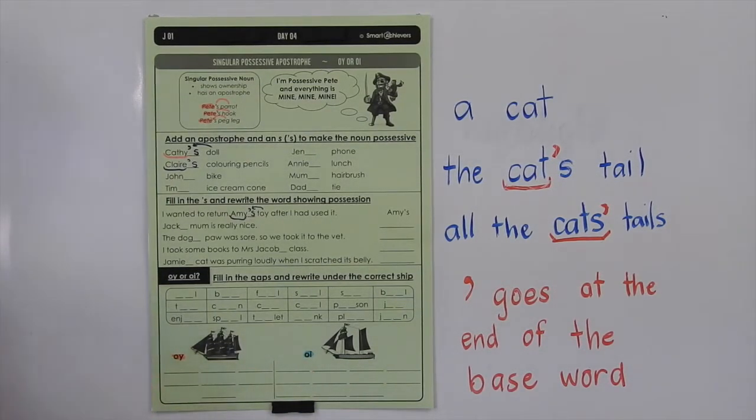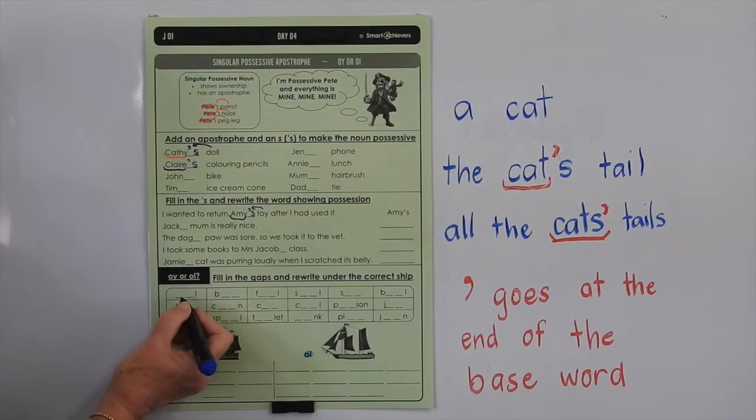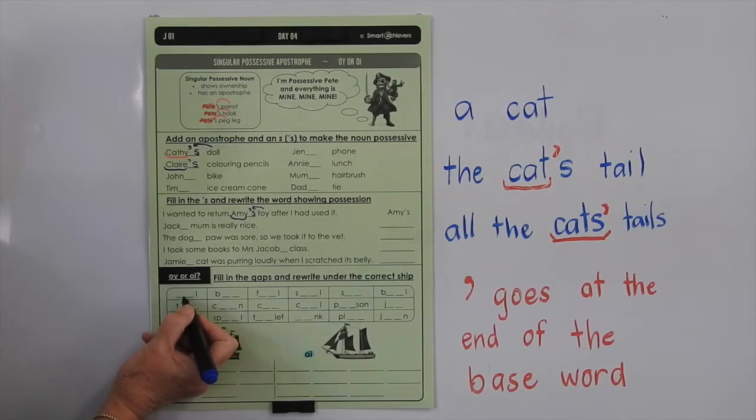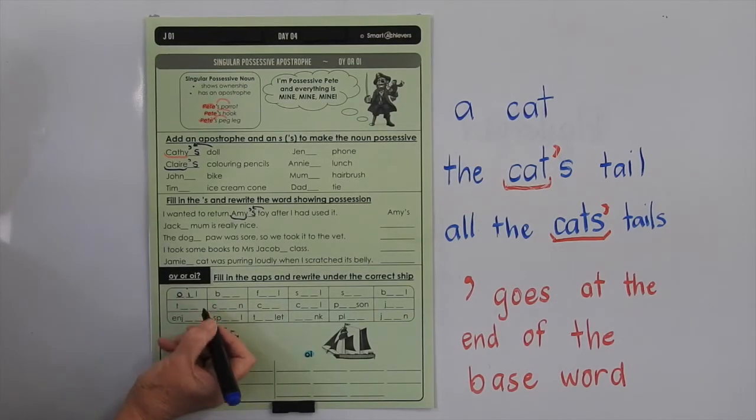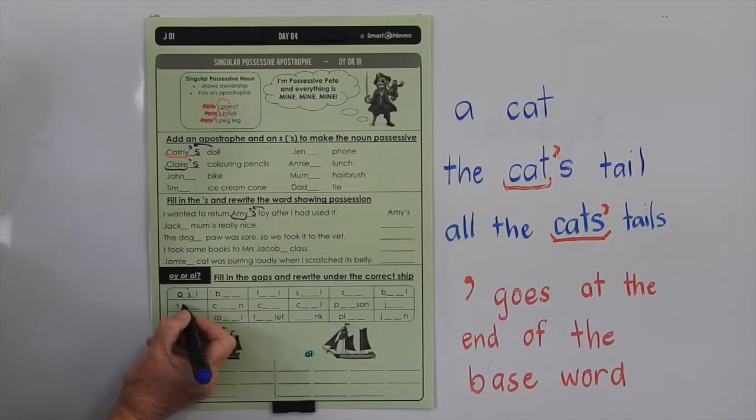This could also be at the start of a word like oyster, but that's the only word, really. So using those two clues, hopefully you'll find it easy to fill in the gap. So let's go. If it's at the start of a word or in the middle of a word, we're going to use OI. If it's at the end of a word or syllable, we use OY.